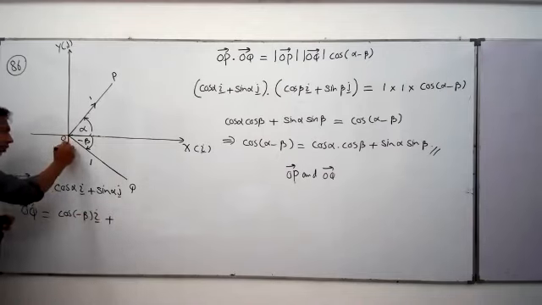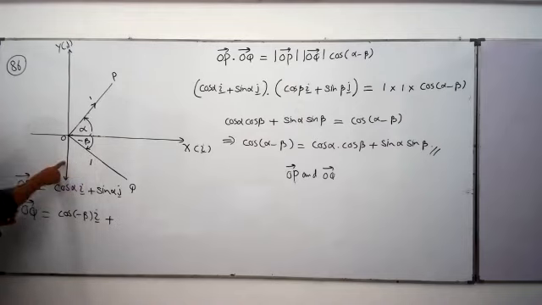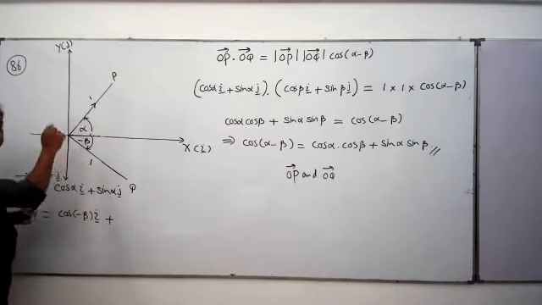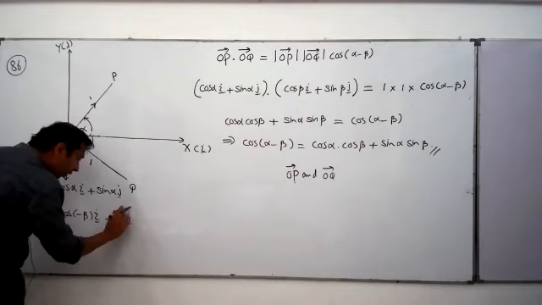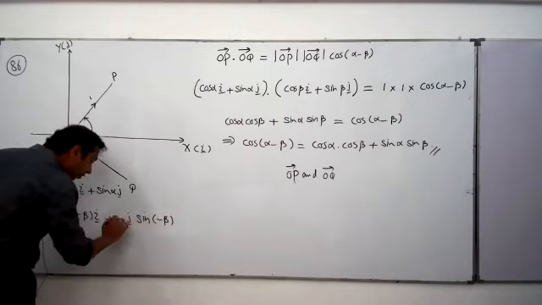This time the unit vector from the y-axis you have to take, it is minus j, because this is closer to this minus y-axis. Then minus j, but sine of what angle? Minus beta. Then minus j sine minus beta is the unit vector.